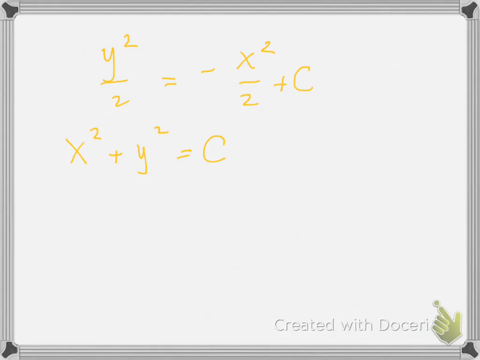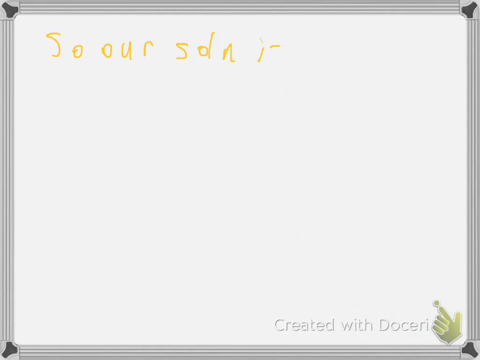Now I use my initial condition, y of 1 equals 2, and I can solve for c. So c should equal 5. So our solution is located on the curve x squared plus y squared equals 5.